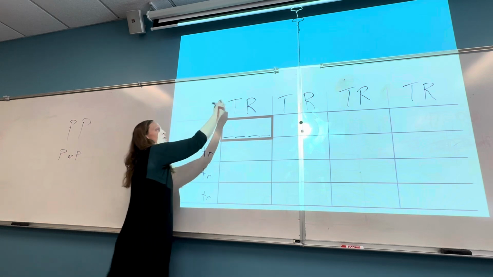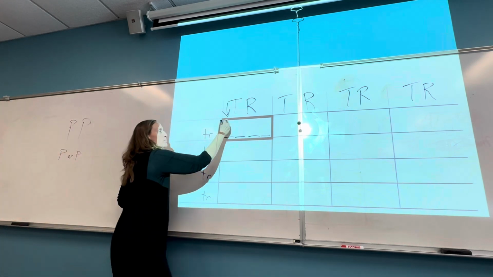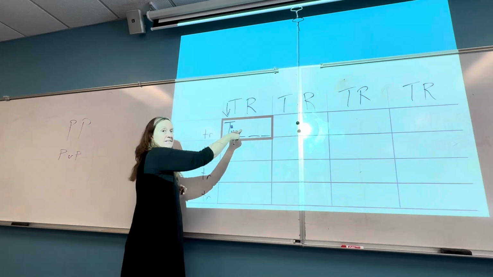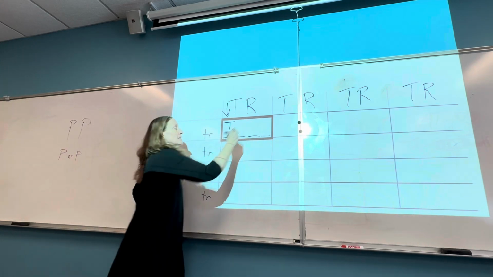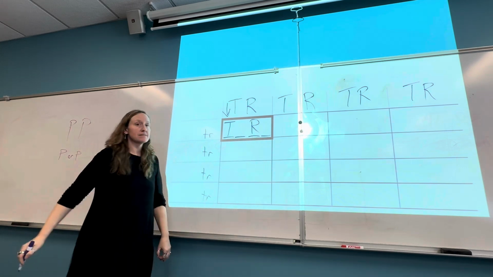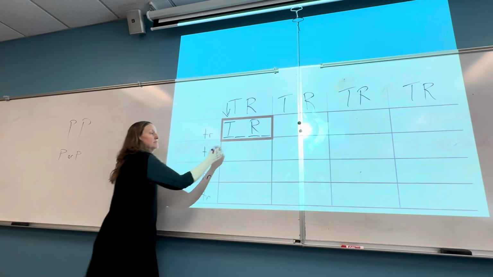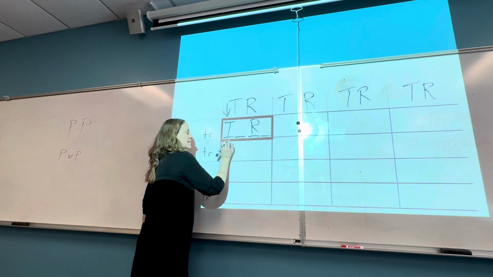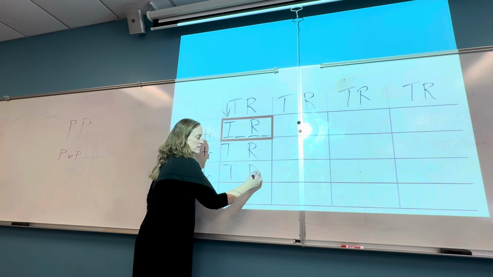So let's go with these straight down. The way I would do this is I would go big T, space for the next T, big R, and the first R space. I'm going to do that straight down. Big T space, big R space, big T space, big R space.